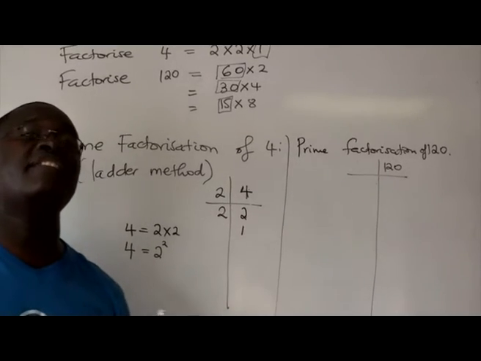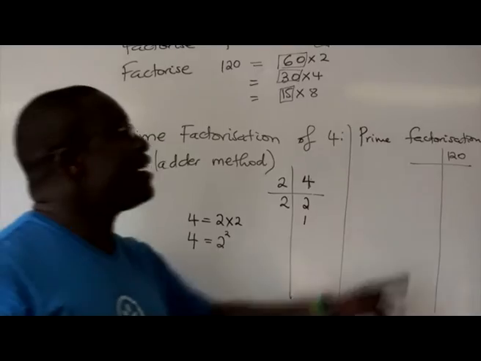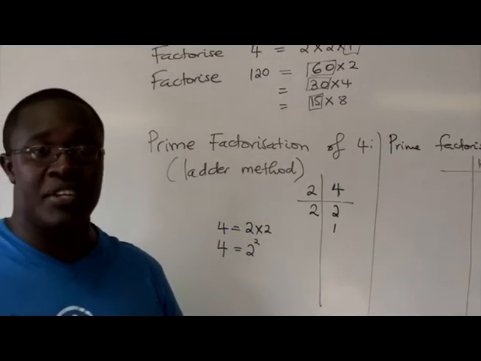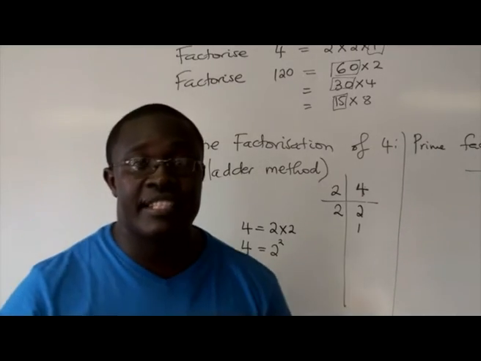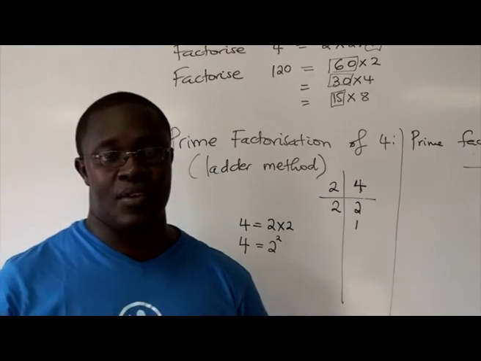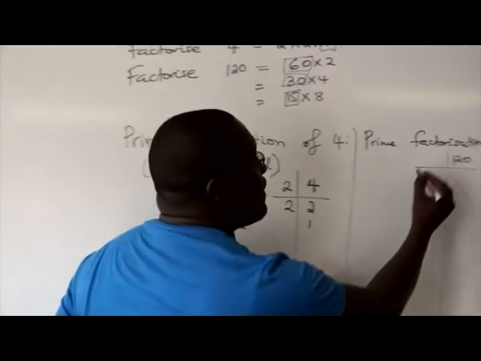Remember the divisibility rules. Divisibility rules tell me that this number can be divided by 5. How do I know it? Because according to the divisibility rules, if the last digit is a 0 or a 5, then it's divisible by 5. So I'll divide by 5.